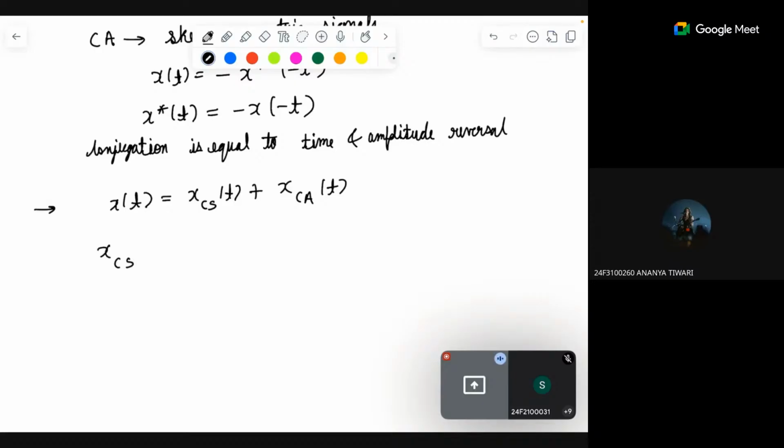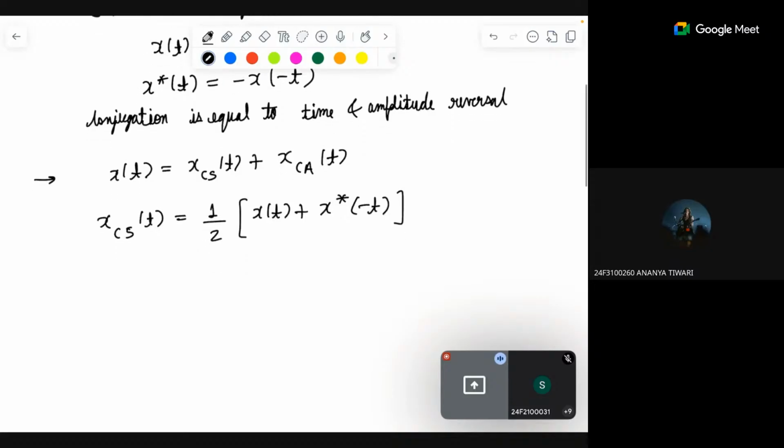The expression for the conjugate symmetric part will be half of x of t plus x star of minus t. You can notice the similarity with even: there it was x of t plus x of minus t by 2 for the even part. Here we have this conjugation operation.